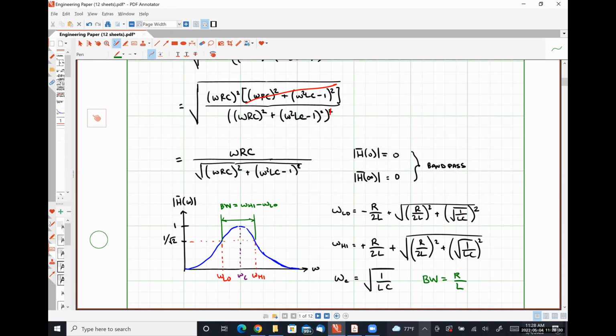So you would design for the center frequency using commonly accepted values of L and C. And then from there, once you know what L is to give you your center frequency, you can solve for R to set your bandwidth correctly. So it's supposed to be a very straightforward design process.